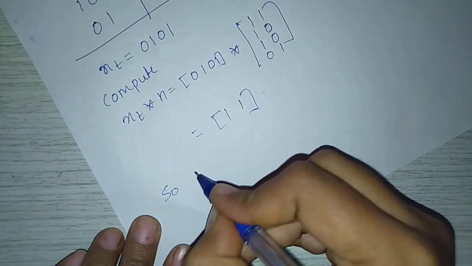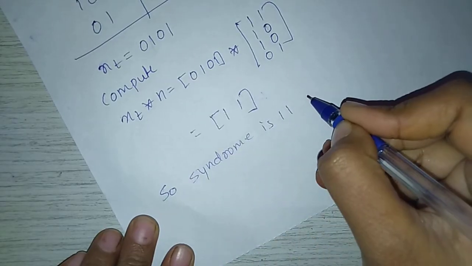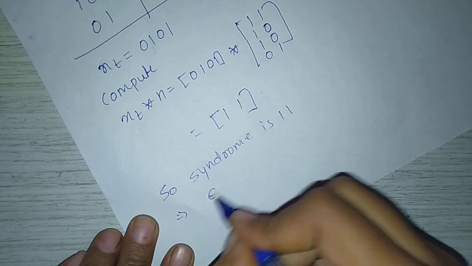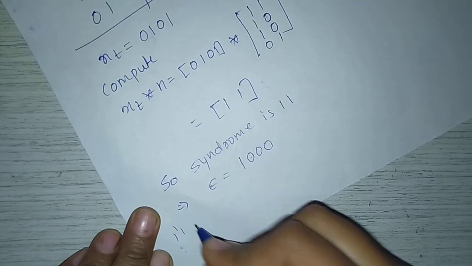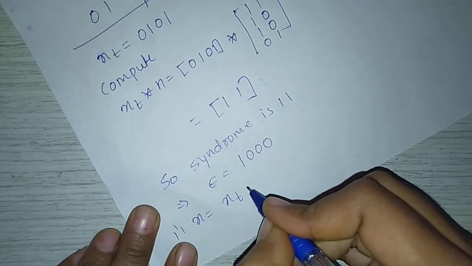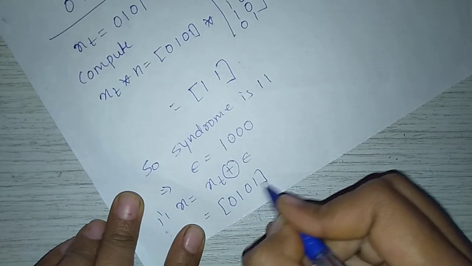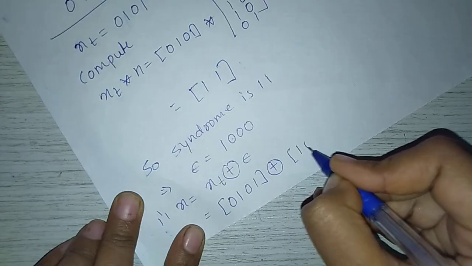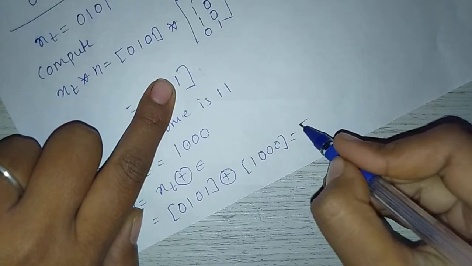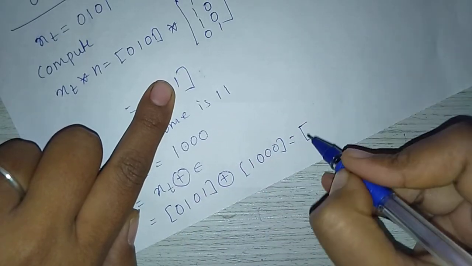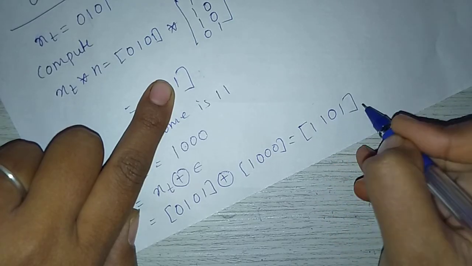So syndrome is 1 1, which implies epsilon equal to 1 0 0 0. Therefore x equal to xt ring sum epsilon. Xt is 0 1 0 1, epsilon is 1 0 0 0. Now add these two matrices with corresponding entries, we get 1 1 0 1.